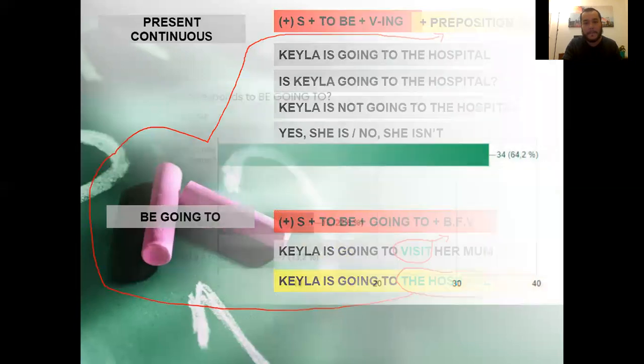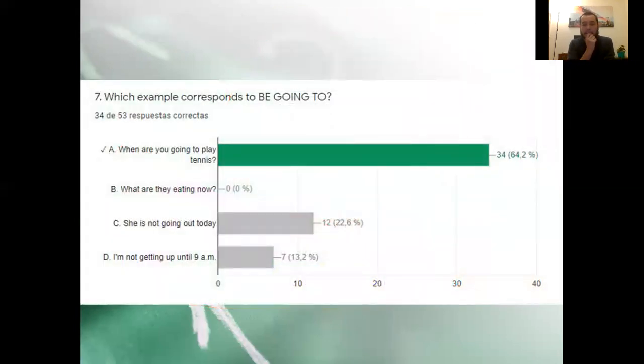But if you look at the next question, the results are better than the previous one because you could identify other actions. Look at this. Which examples correspond to be going to? And A is the correct answer because it says, when are you going to play tennis?